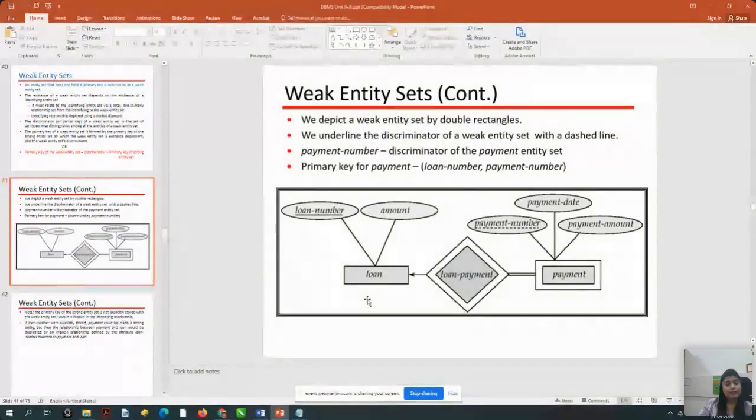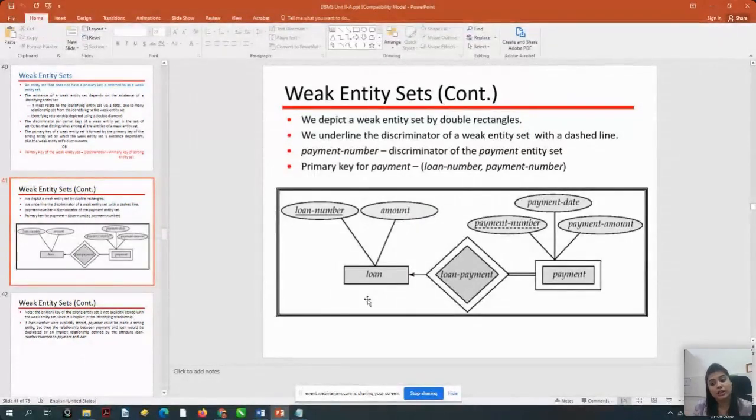Okay, suppose we change this ER diagram. If we had made loan number also an attribute of payment, in that case you can link these two tables with the loan number, and the payment would not be a weak entity set in that particular case.